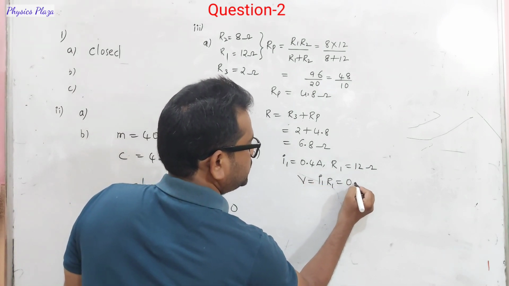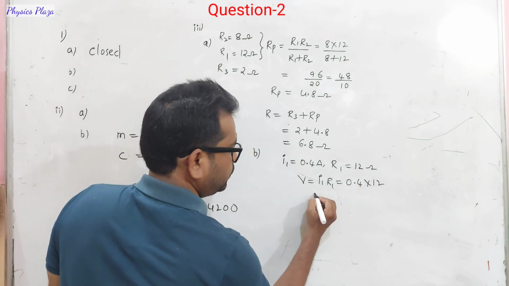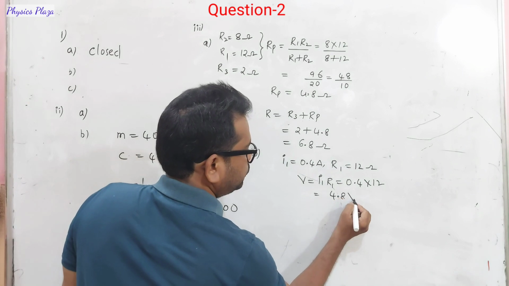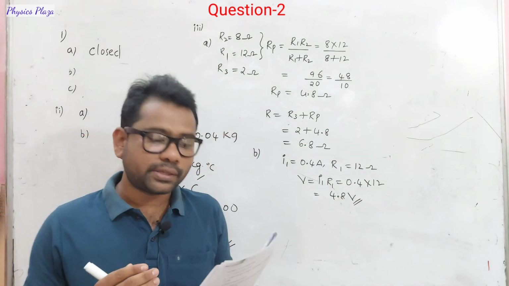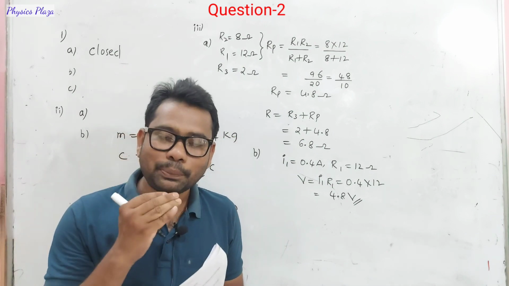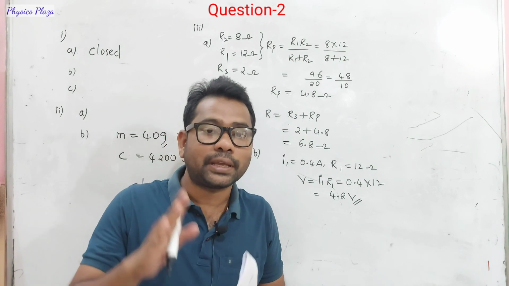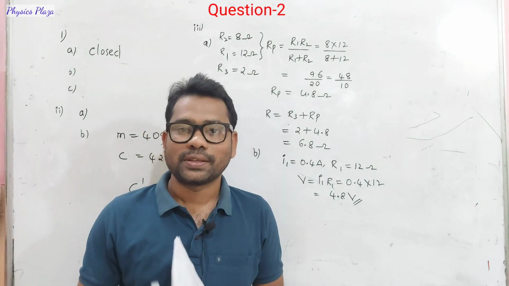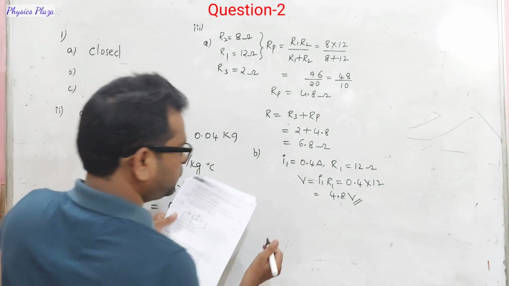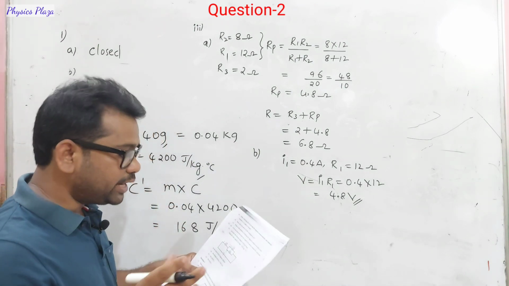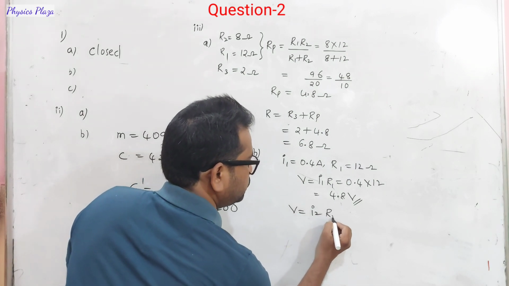So this is 0.4 into 12, which will be 4.8 volt. But here the 12 ohm resistor and the 8 ohm resistor are both in parallel. When two resistors are in parallel, the potential difference across the two resistors is the same. That is the logic we have to use. With that logic only, we are going to calculate the I2 value. So we know that V is equal to I2 into R2.